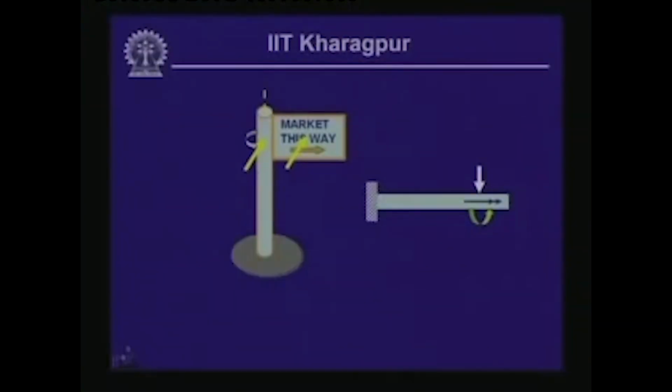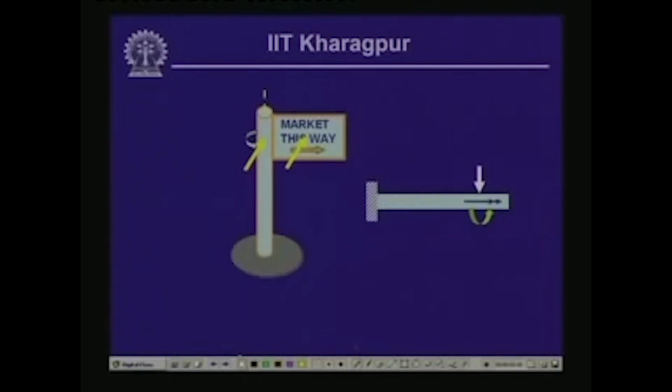Let us look into another example which is quite common. In cities you must have noticed that for giving directions for different places, a board is used, and this particular board is connected to a vertical shaft through this particular joint, and this board is projecting from this vertical shaft.